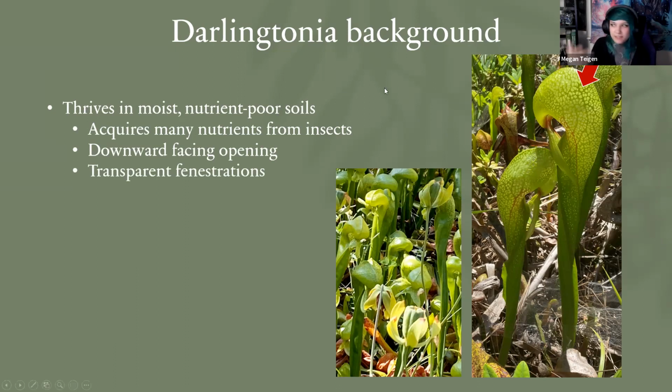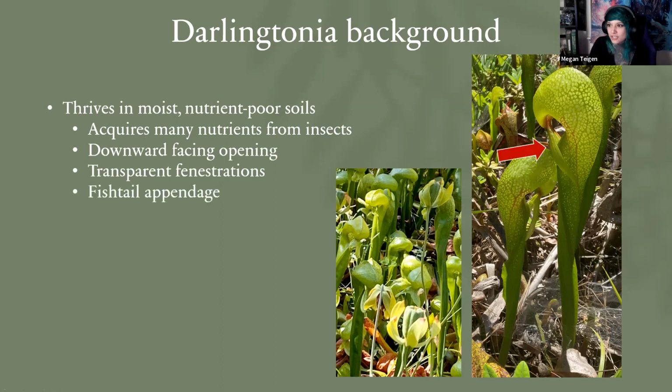But these transparent fenestrations on the top of the leaf, they're like windows. So when the insect flies in through the opening on the bottom, it gets lost and confused trying to escape through these windows, and then it gets exhausted and falls to the bottom of the pitcher where it's digested. And then Darlingtonia can absorb those nutrients.